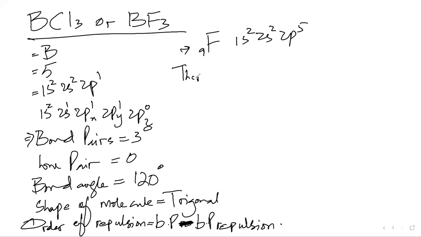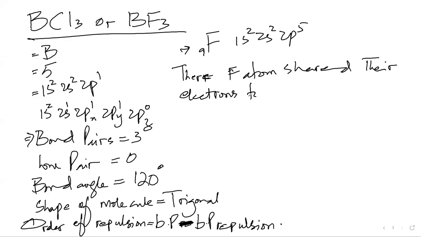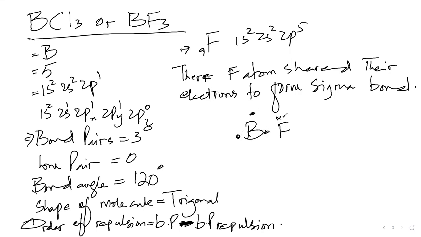So 3 fluorine atoms share their electrons to form sigma bonds. So the shape of the molecule, 1, 2, 3, and the arrangement of fluorine is like this.